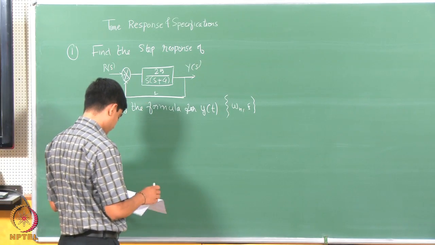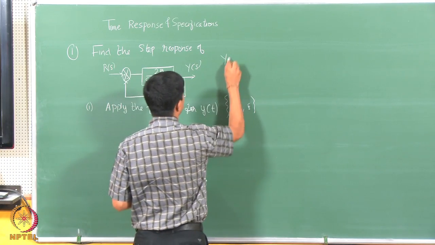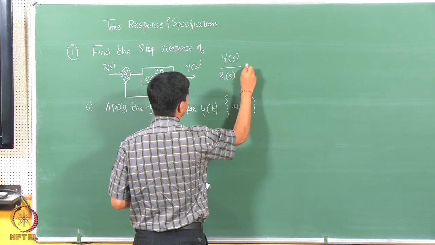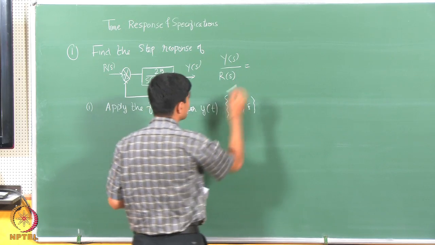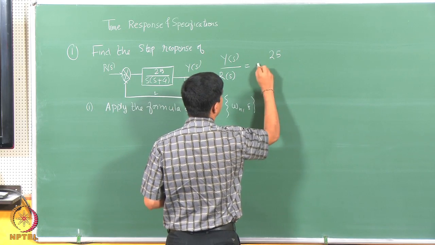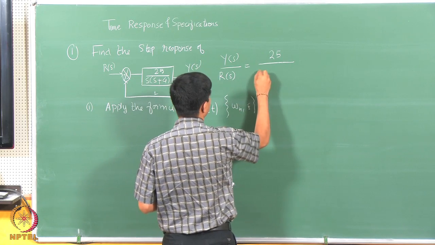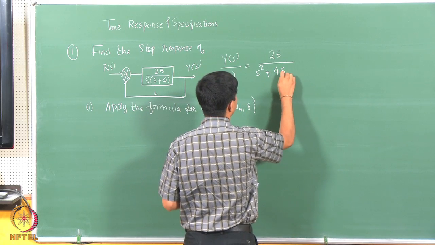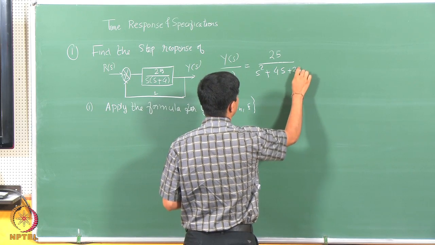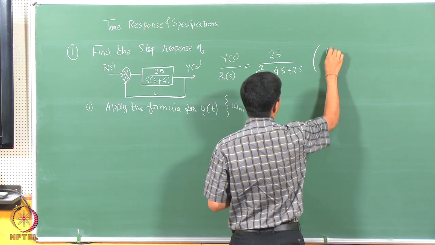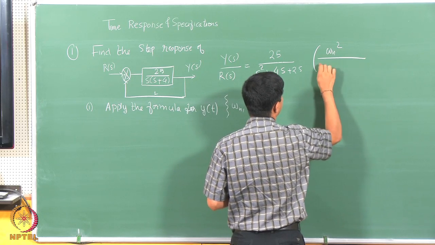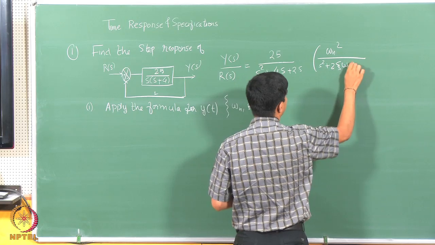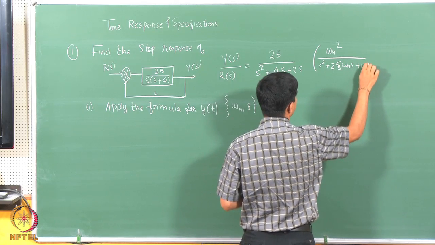The closed loop transfer function here, Y(s) over R(s), is 25 over s square plus 4s plus 25, and this is of the form omega n square over s square plus 2 zeta omega n s plus omega n square, right.